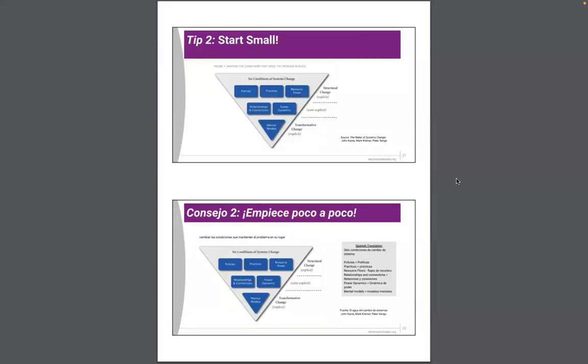You may have seen this before. This is the Waters of Systems Change graphic, and it illuminates the systemic forces that are at play and the conditions that need to shift if we're going to transform our systems. These are the things that either shift for transformation or they're holding the problem in place in systems.